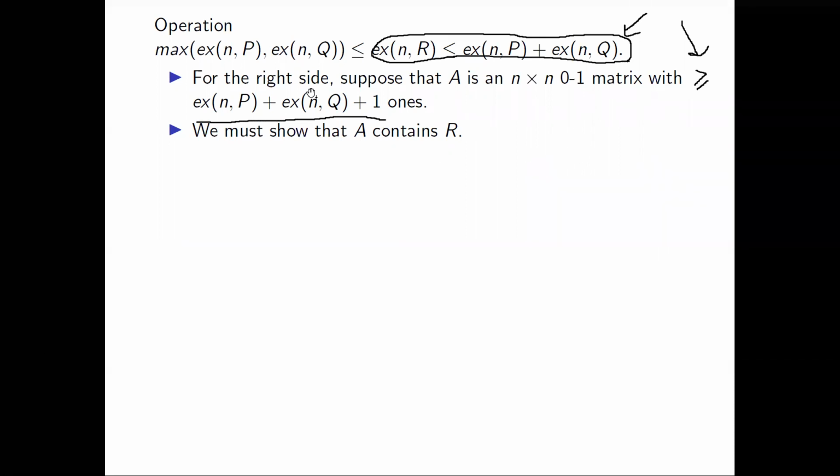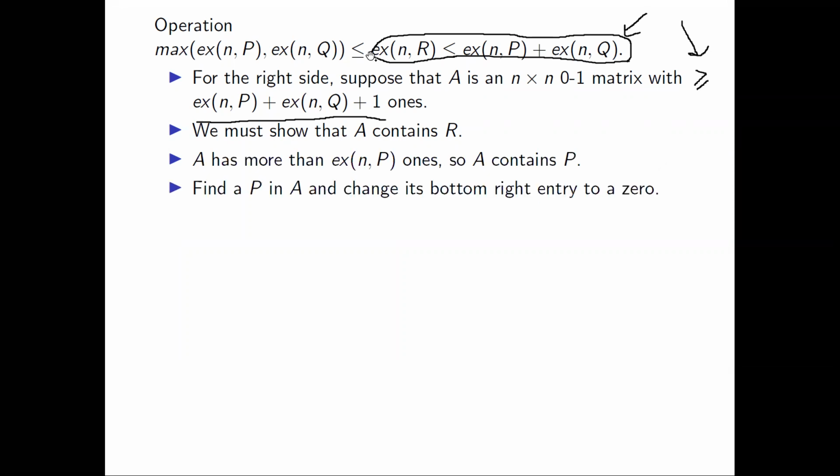First thing we're going to note is that if we have ex(n, P) plus ex(n, Q) plus 1 ones, then we have more than ex(n, P) ones. So this matrix A, since it's an n by n 0-1 matrix, has to contain P because it has more than ex(n, P) ones. So we can consider that copy of P in the matrix.